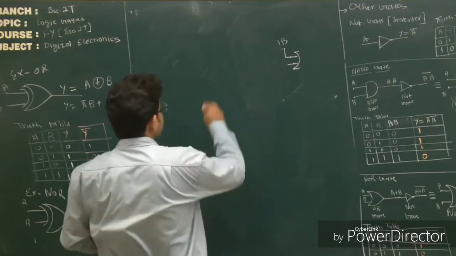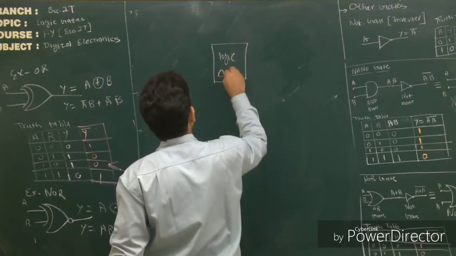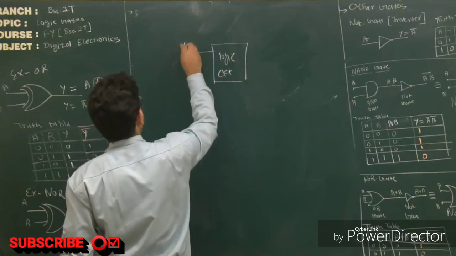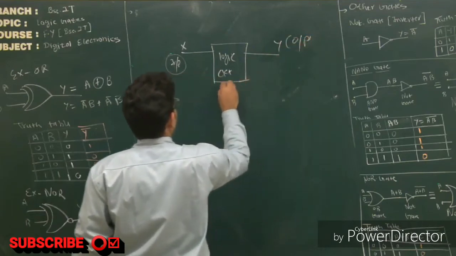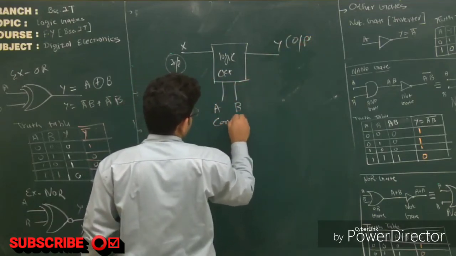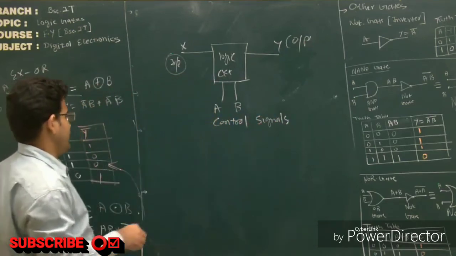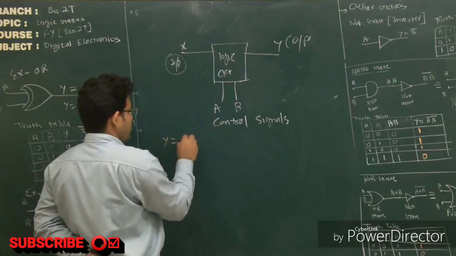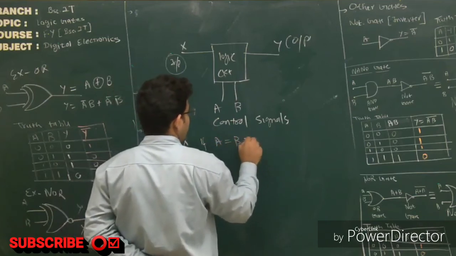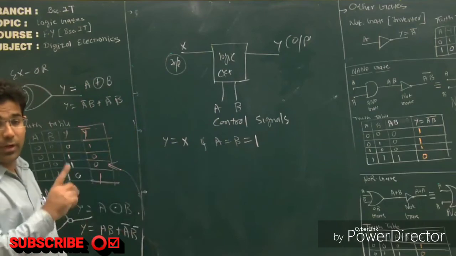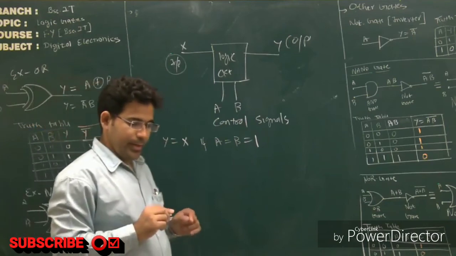You have one logic circuit, which you have to design. It has, let's say, X, the input, Y, the output, and you have two signals, A and B, which are the control signals. Condition is that Y is equal to X if A is equal to B equal to 1. That is, our input is transferred to output when both the control signals are 1.